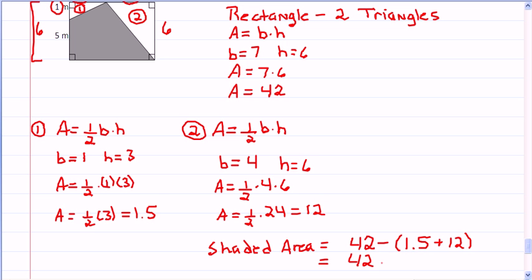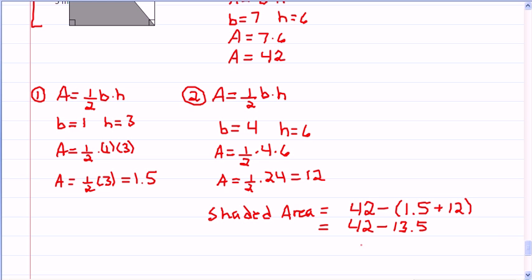And 42 minus 13.5 is equal to 28.5. Our units were in meters, so it's 28.5 square meters.